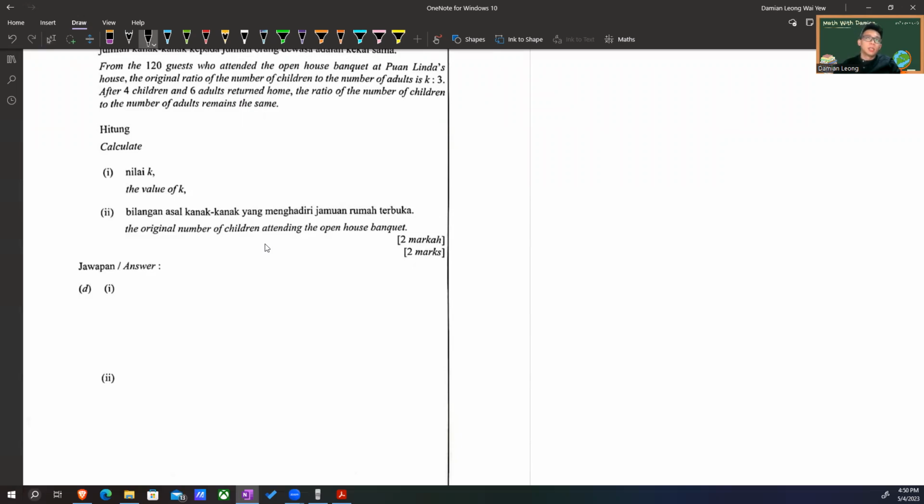Basically, how many leave? If the ratio remains the same after that number of children and adults leave, means the ratio of the children and adults who leave is the same as the ratio. So simplify 2/3 equals K/3, then K is 2.